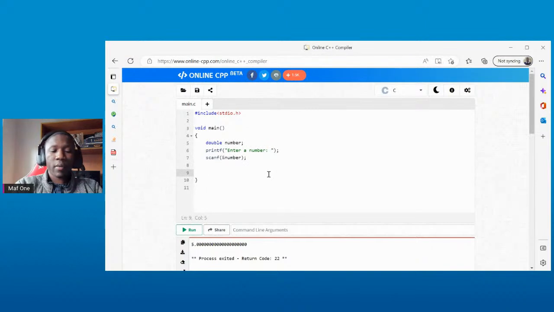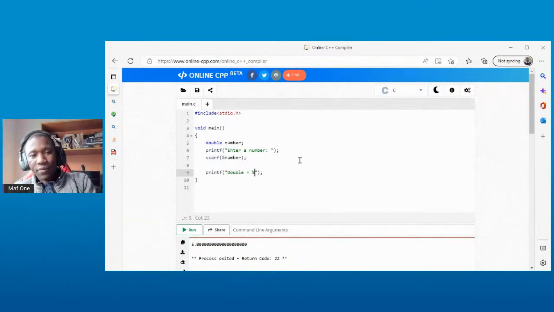So now we can put a printf, and in here we are going to say that the double of the number is equals to what? Is equals to sum. The percentage symbol means sum. I like to say that sum value.